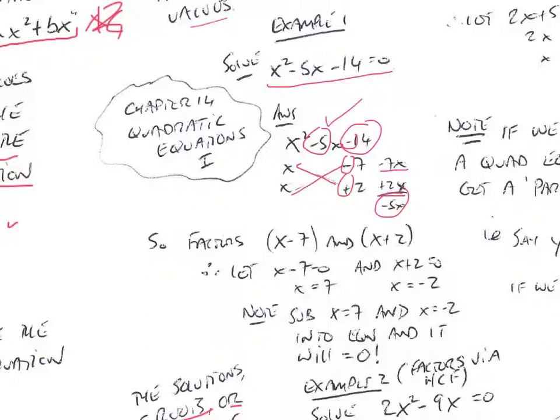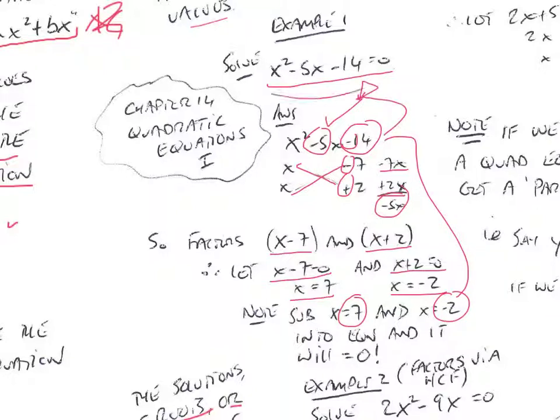So the factors are x minus 7 and x plus 2. Now x minus 7 equals 0, x equals 7. x plus 2 equals 0, x equals minus 2. If you were to sub x equals 7 or x equals minus 2 back into this equation here, it would all equal 0.